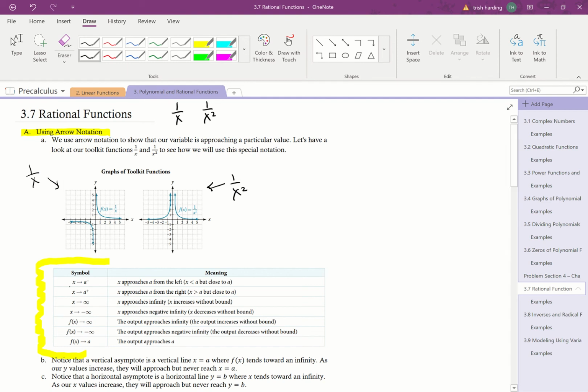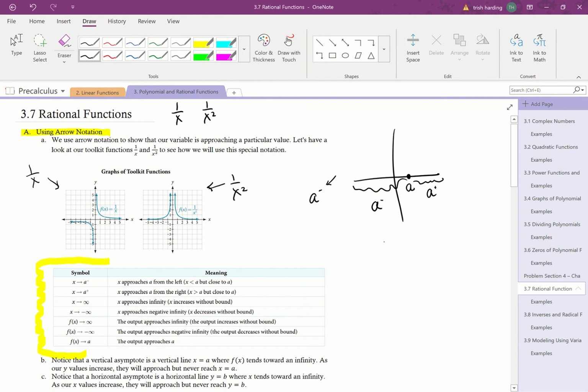So here, as x approaches a, when you have a little negative in that top, so let's say we had a here, all of these values would be that positive, and all of these would be that negative.